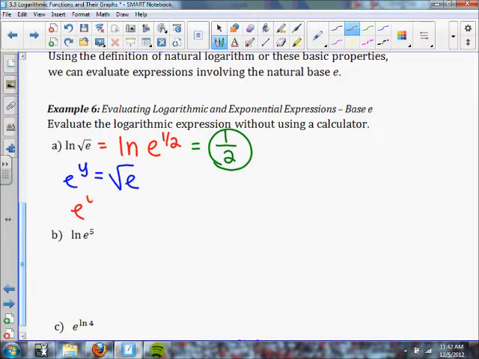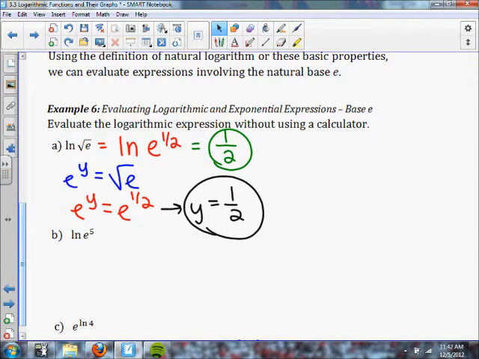I can rewrite this as e to the 1/2 power, which means y will equal 1/2. Same thing. Okay? A lot of times, the more you do this, the more comfortable you'll be. You won't really have to do that anymore. You just use the properties. You'll be able to see it right away.